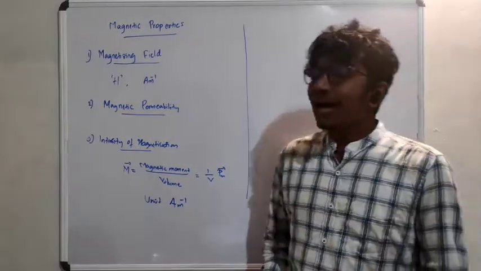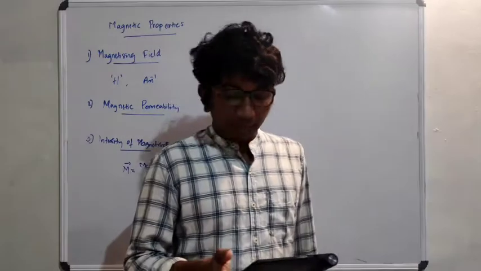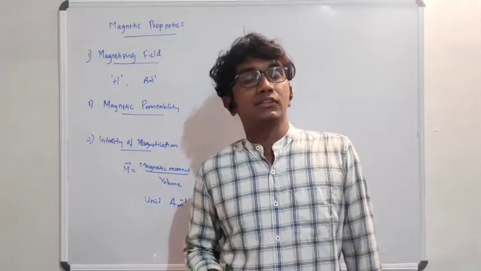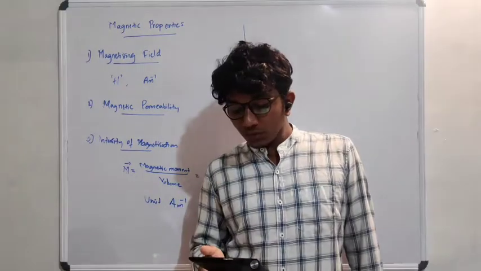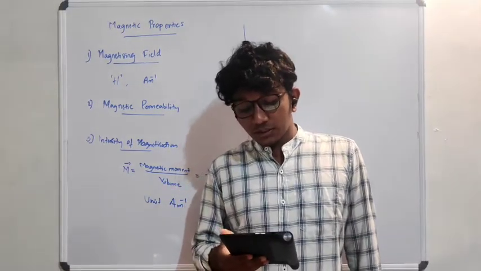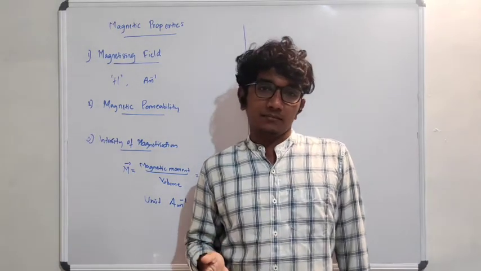First one, magnetizing field. You can refer to the textbook, page number 149. It's more of a theory topic. Let's discuss together. What is magnetizing field? The magnetic field which is used to magnetize a sample specimen is called magnetizing field.